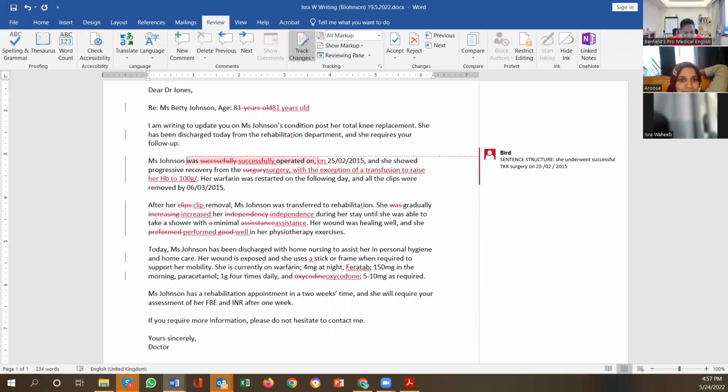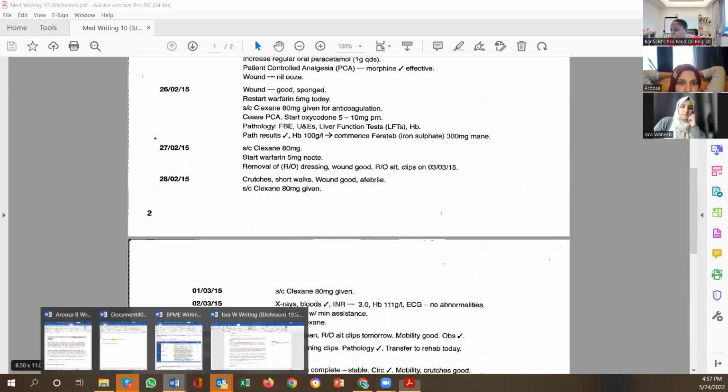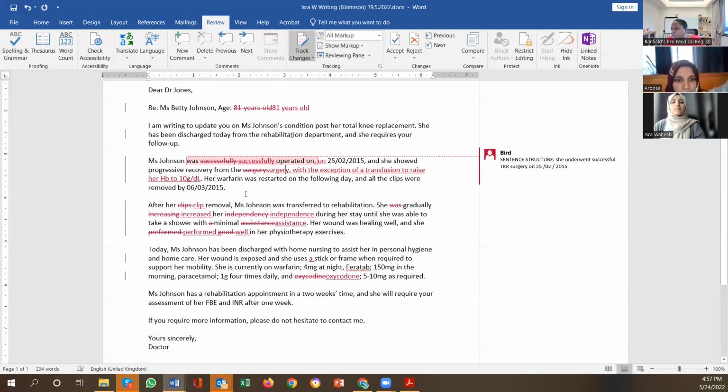Per liter? No, 10 grams per deciliter, or whatever unit they use in the notes. Yeah, 10, I think. Okay. So that's an omission there, because you are asking them to do a full blood count afterwards. But other than that, it is spelling.